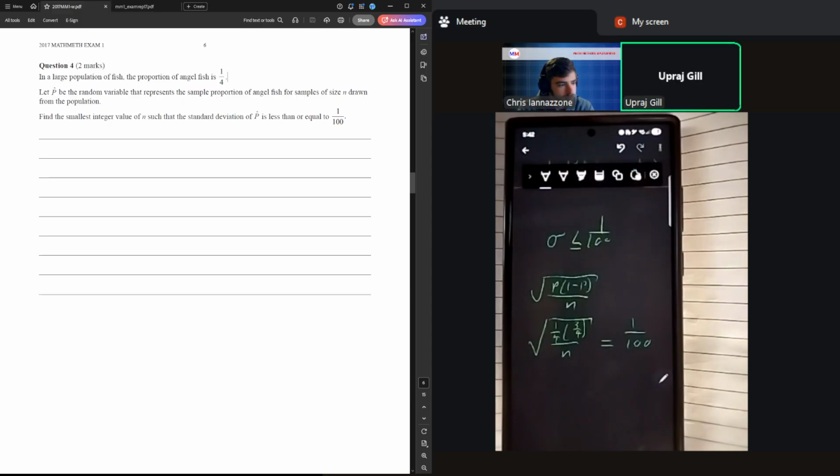So we get 3 on 16n is equal to 1 on 10,000. And then we get 30,000 is equal to 16n. I think that's good. And n is equal to 30,000 on 16.